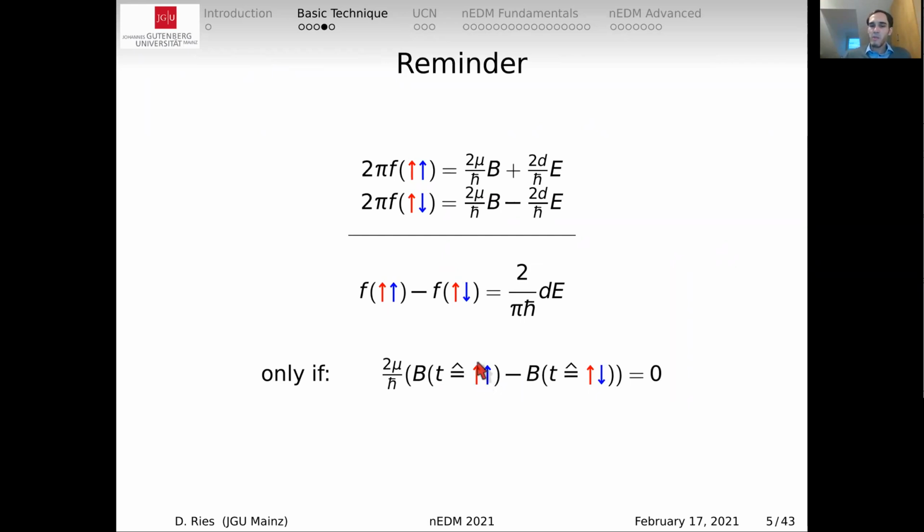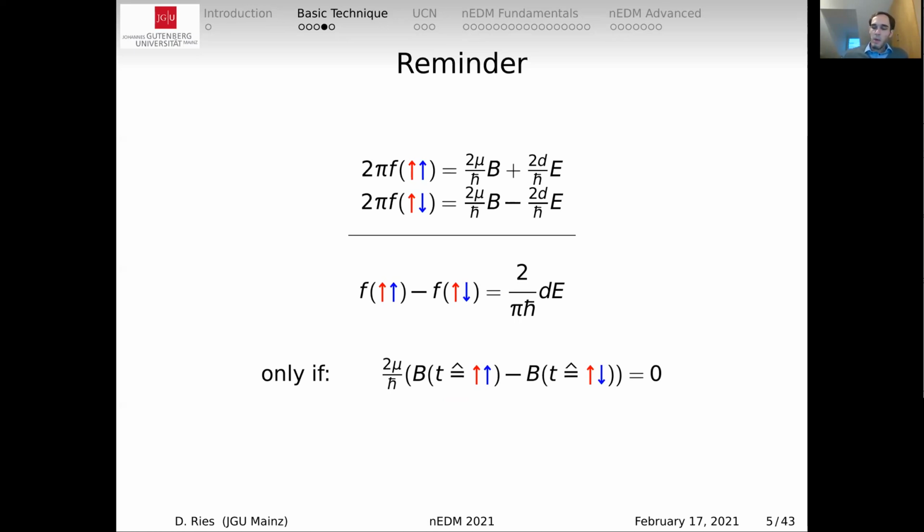So in the case where the fields are parallel and the fields are anti-parallel, the magnetic field needs to exactly cancel to zero, such that we are only left with the term proportional to the electric dipole moment. So that already shows you that in such an experiment, it's extremely important that we control our magnetic field.